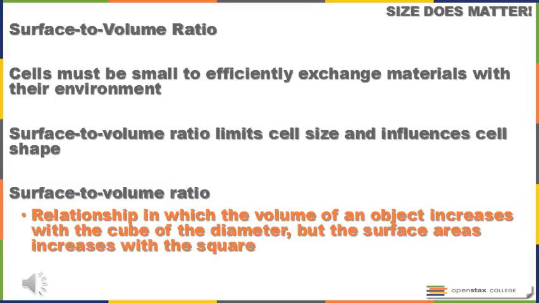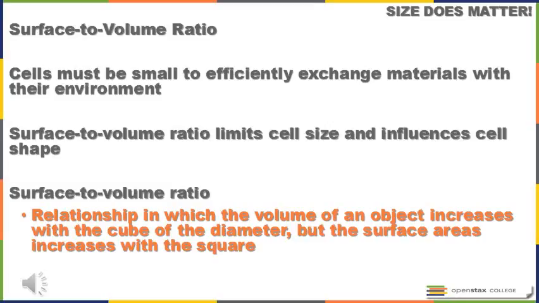And if a cell is proportioned properly in the surface to volume ratio, then that potassium can get to where it needs to go, even if it's all the way across to the other side. If a cell was too large, the potassium would not be able to reach the other side. It would just burn out before it could even get there, because it didn't have the strength or the momentum to get all the way across to the other side.